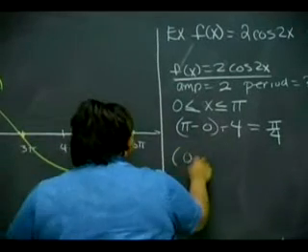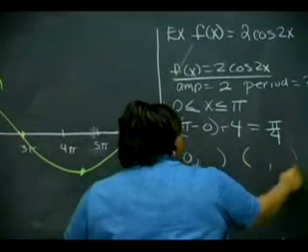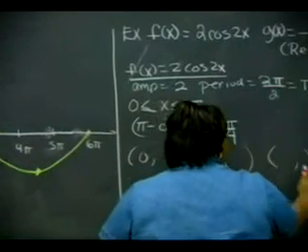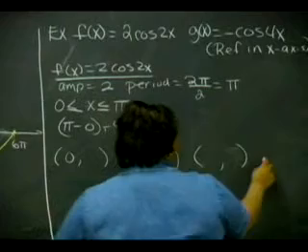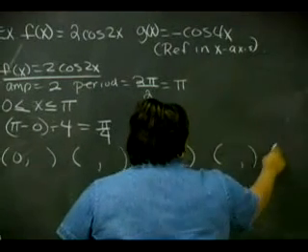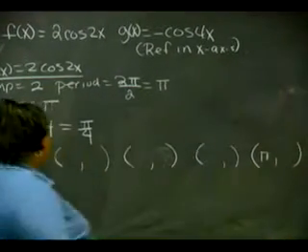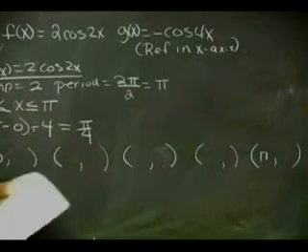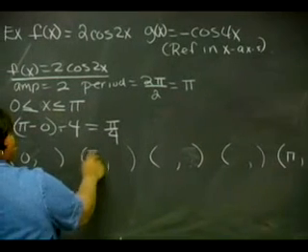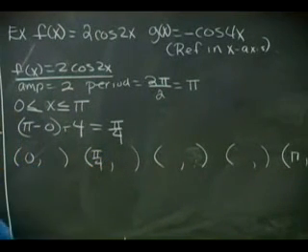So I start with 0. I know I'm going to have 5 points, and I'm going to end with pi. Start with 0, end with pi. So 0 plus pi over 4 is pi over 4.